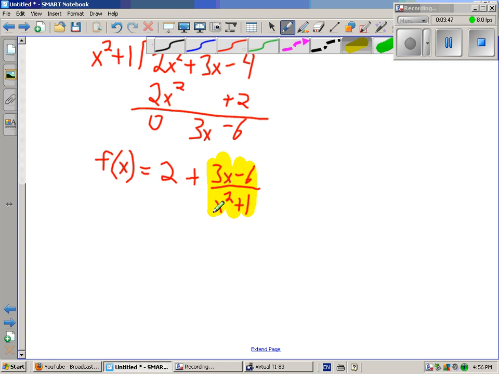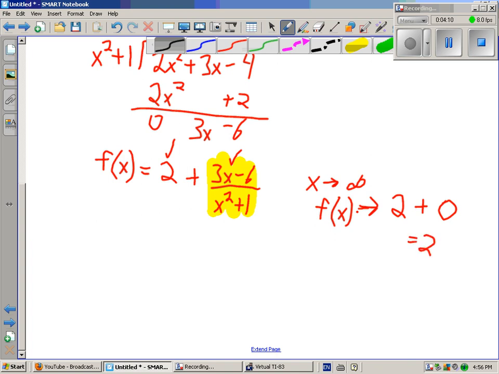So when x gets big, x goes to infinity, f of x is going to approach this 2, that's still there, that's not changing anything, 2 plus this guy is basically going to become 0. It's going to get smaller and smaller. 2 plus 0 is equal to 2. Well, that was just another way of getting our horizontal asymptote.